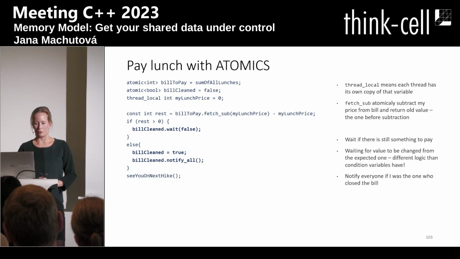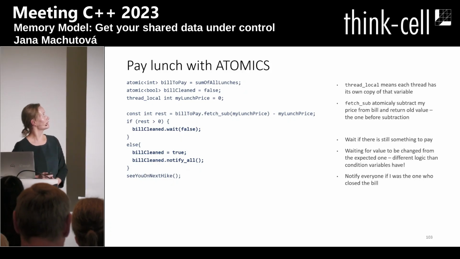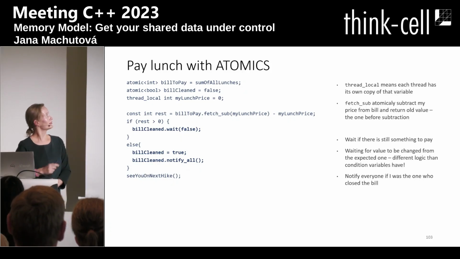After, we will check if there is still something to pay on the bill, and if there's nothing else to pay, we will notify everyone. Okay, we've cleaned the bill, and we can go home. And if there's still something remaining, you will be waiting for that bill cleaned to be true. Is it clear? Okay.